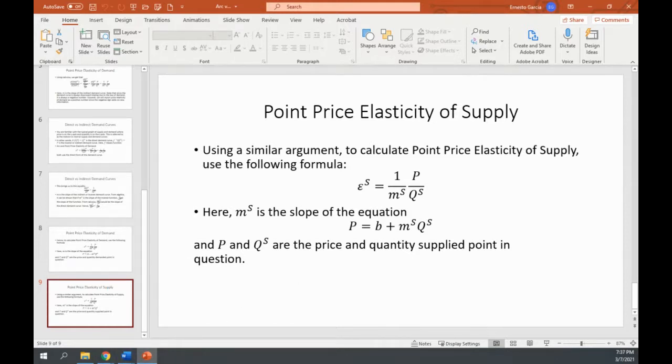Okay, so let's solve the question then. We are given a supply curve and a demand curve, and we want to find the price elasticity of demand and supply at the equilibrium.